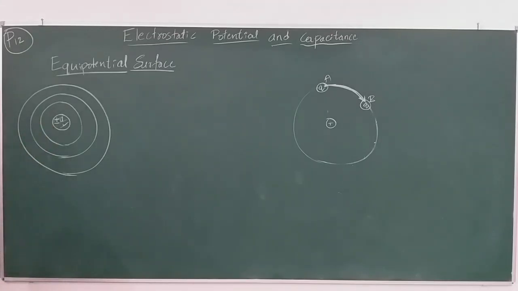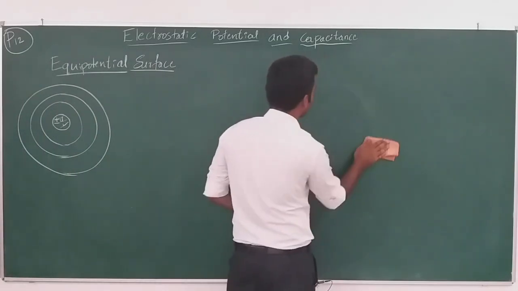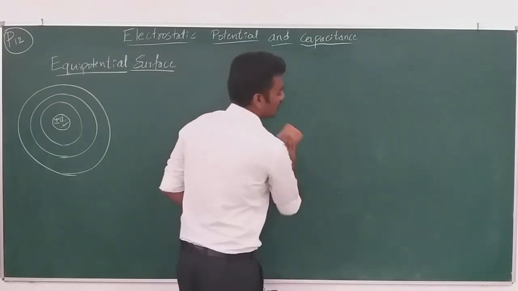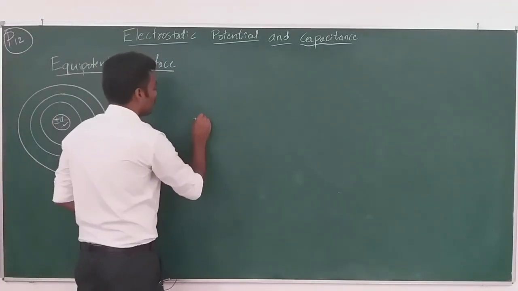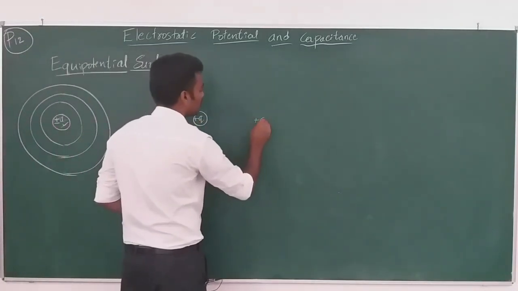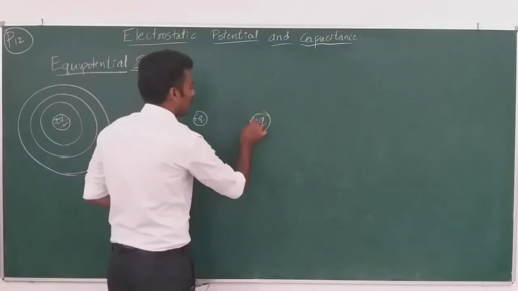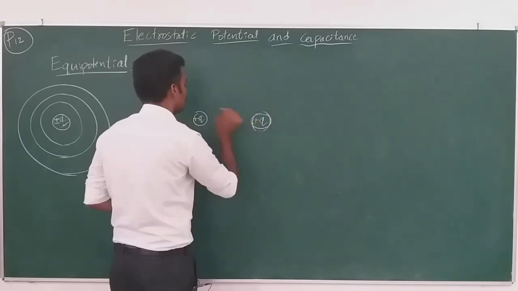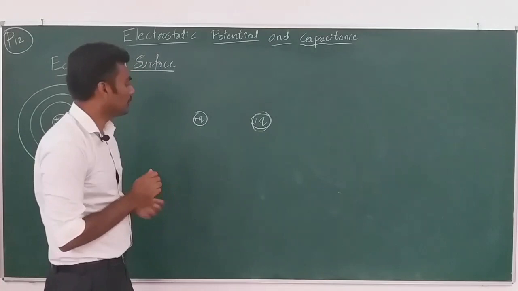Now if I have a pair of positive charges, plus q each, separated by a certain distance, what do you think? How does it look?